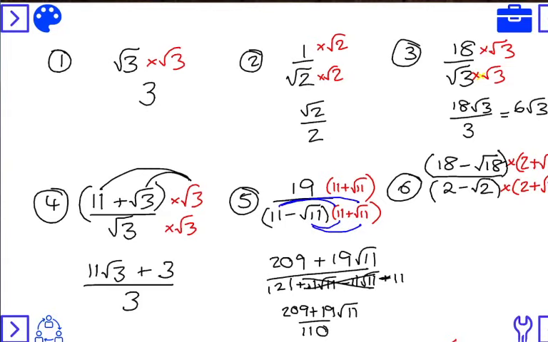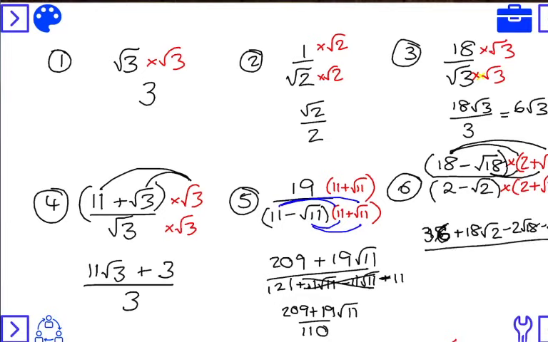So using the claw method, 18 times 2 and 18 times root 2 would give me 36 plus 18 root 2. Timesing everything in the second bracket by negative root 18 would give me minus 2 root 18, and then negative root 18 times 2 would actually give me minus root 36.